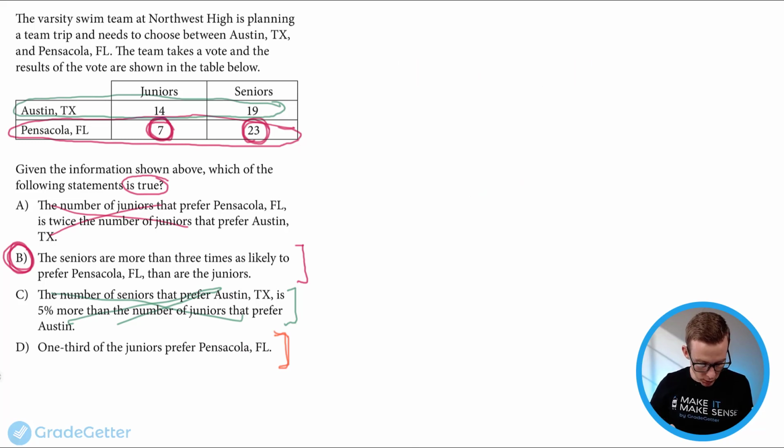Option D says that 1/3 of the juniors prefer Pensacola, Florida. Okay, so here's the juniors. The total amount of juniors is 14 plus 7, which is 21.